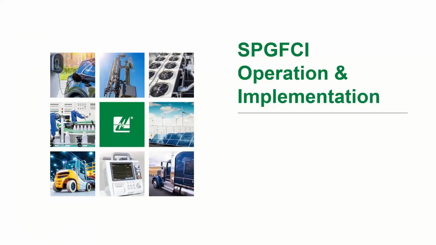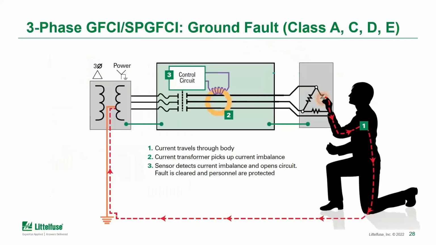Okay, so having talked a bit about the background and at least at a technical level what those special purpose GFCIs are, how do they work in the system and how do they fit into an existing system? A three-phase special purpose GFCI really operates, in terms of the ground fault detection, the same as a Class A GFCI. It uses a current sensor to detect any fault current that is returning back to the power source through a path other than the phase conductors.